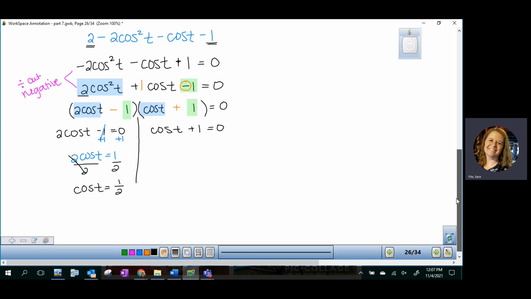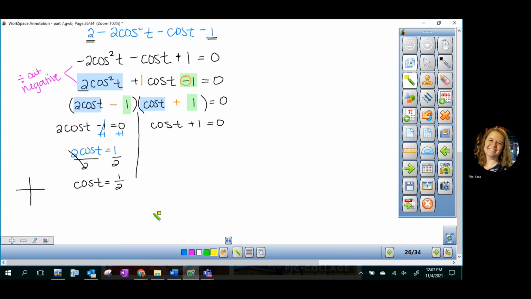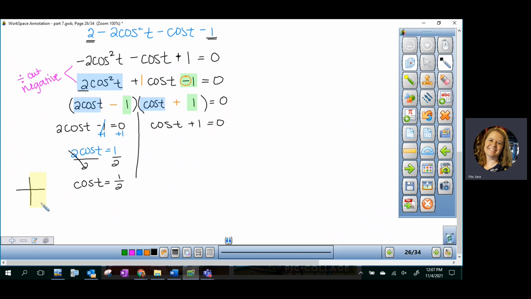So I am asking myself, where on the unit circle, you can use your unit circle, you don't have to have it memorized, where is cosine positive 1/2? Well, cosine is positive in 1 and 4, right? So I know my answers are coming from these 2 quadrants. So you can look and find, remember, cosine corresponds to the x value.